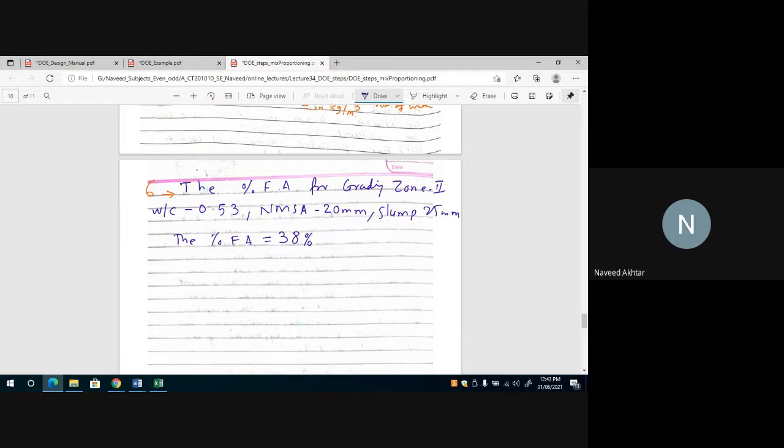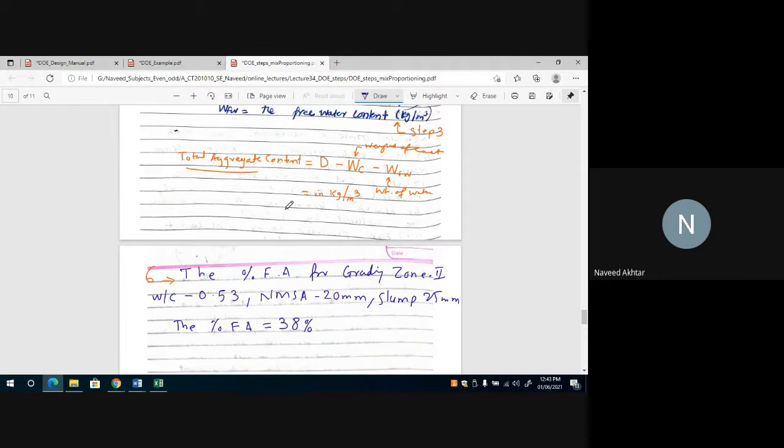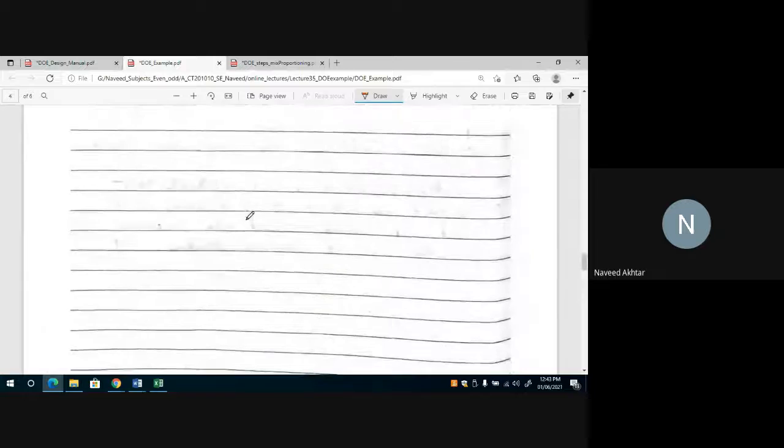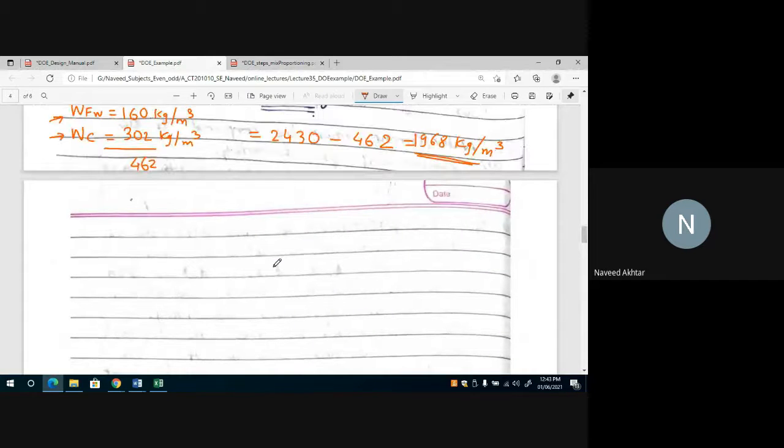Now the total aggregate is how much? We just calculated the total aggregate above. I have to write here. The percentage of fine aggregate is coming 38% based on those values.